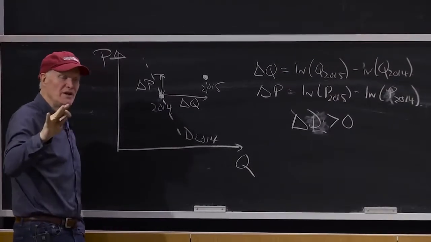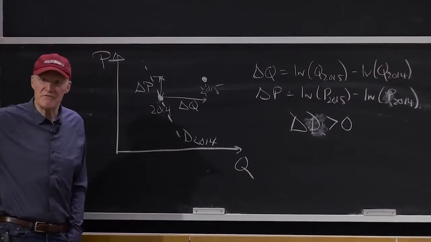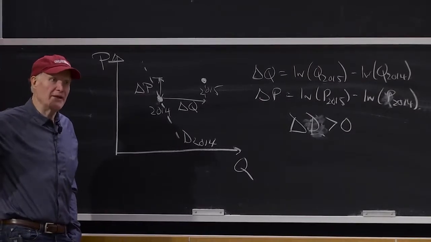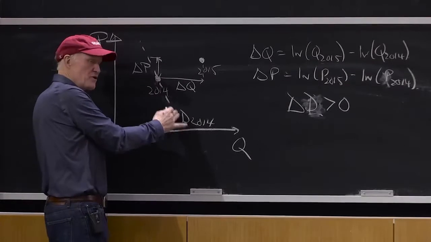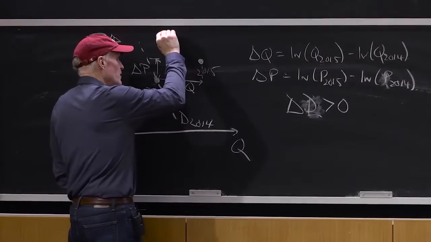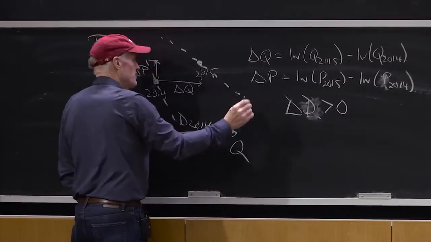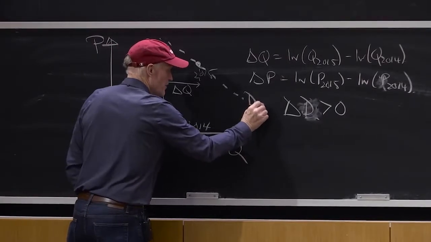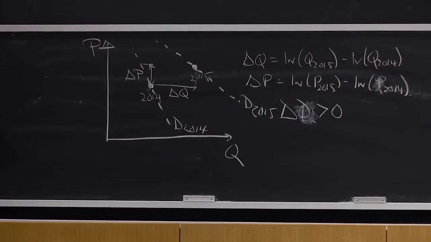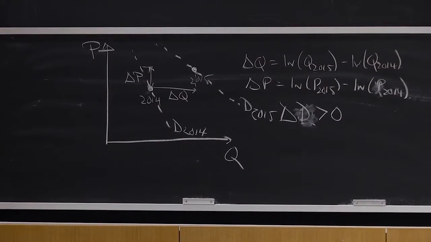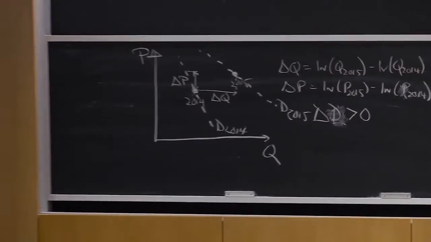So let's assume I forgot half of economics and only knew demand, that's all I knew. I would still know that there was some demand curve that went through this point, and in 2015, there was a different demand curve that went through that point. Everybody agrees with that, right? Without ever talking about supply.